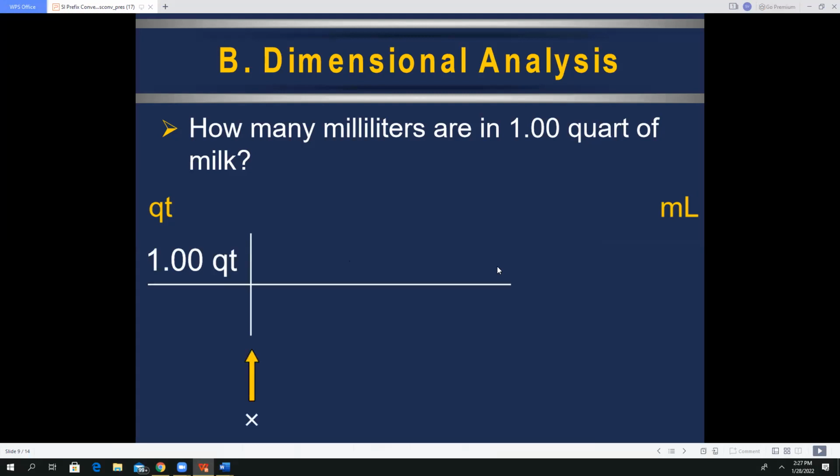Okay, so your first thing is to line up your conversion factors. You can do it this way, or you can do it as a set of lines. Sorry, I meant to say lines like this and multiplications, right? You can do it that way too. I like the boxes because they're neater.